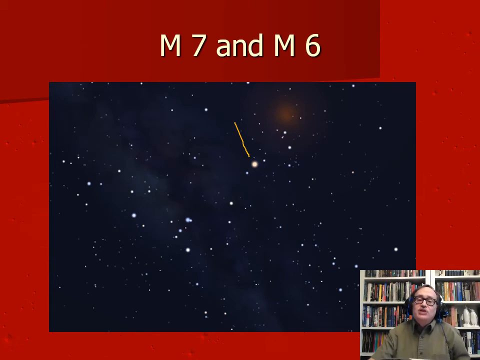To find M7, what you do is you go all the way down to the Stinger in Scorpius down here. And so once you get to the Stinger, then what you would do is line up with the Stinger and go this way, and typically going in that direction, it's going to be about 5 or 6 distances between those two Stinger stars over.